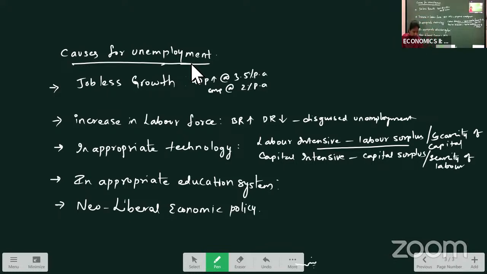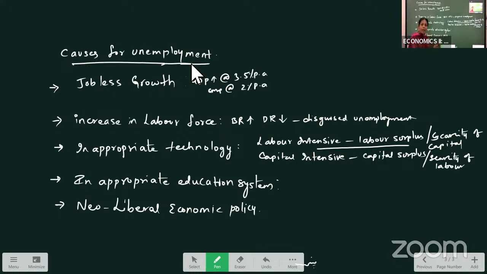Inappropriate education system: the education policy which was framed in the country was during the British time. Some changes have been made in the policy, but it could not have much impact on our educated people.